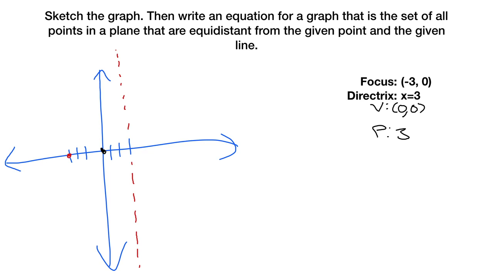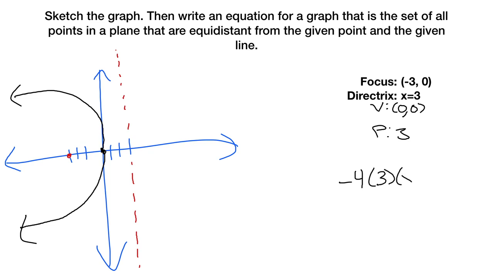That means, because it's going to open up left, I would say -4 times our p-value of 3 times x minus our h value of 0 equals y minus our k value of 0 squared. So that becomes -12x equals y squared. You could also write it as x equals y squared over 12. Both of those are accurate.